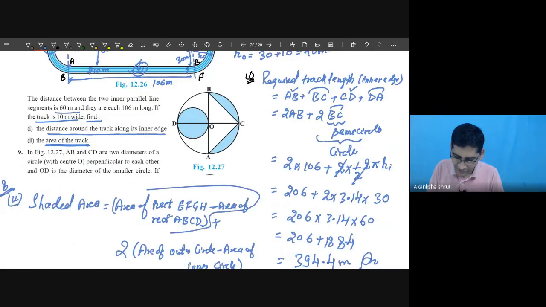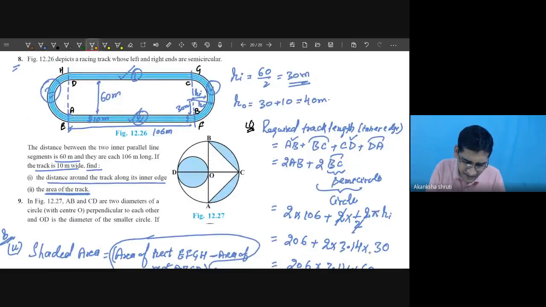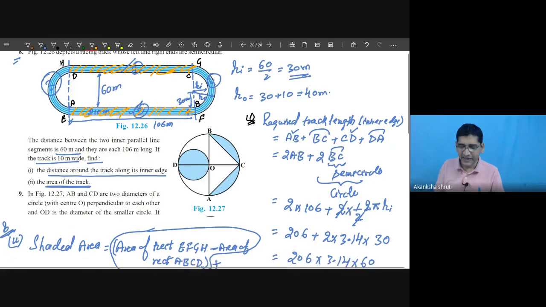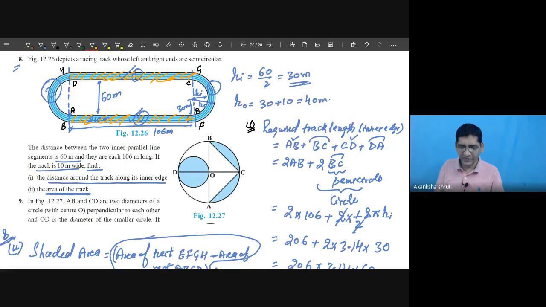Observe, concentrate over this first part only. This can be considered as the area of two rectangles, one is this one and another rectangle is this one. Why do I prefer this rather than getting the area of the bigger rectangle minus a smaller rectangle?